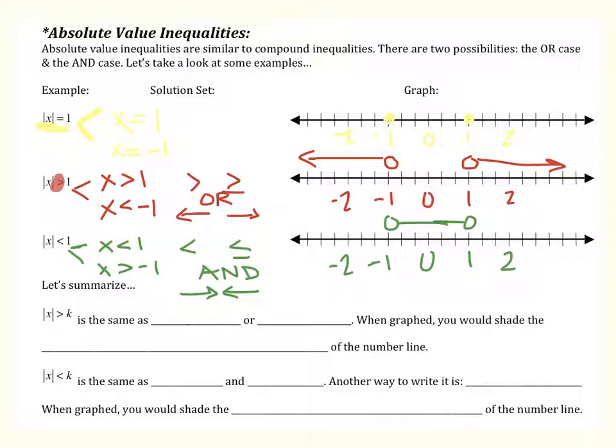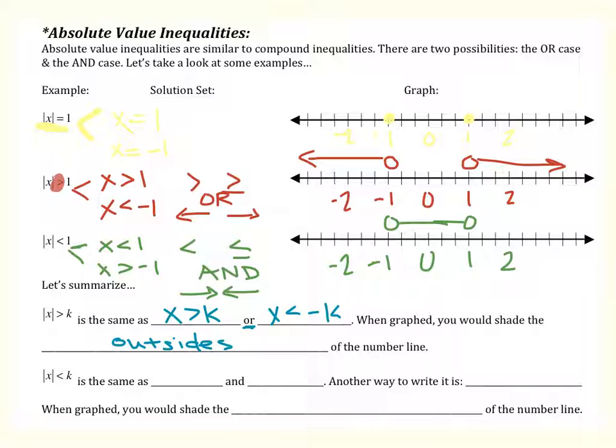So let's go down and put it into words here. If the absolute value of x is greater than k, that's going to be the same as x is greater than k, or x is less than, flip the sign, negative k. So when you graph, you're going to shade the outsides. And that's just what I showed you above.